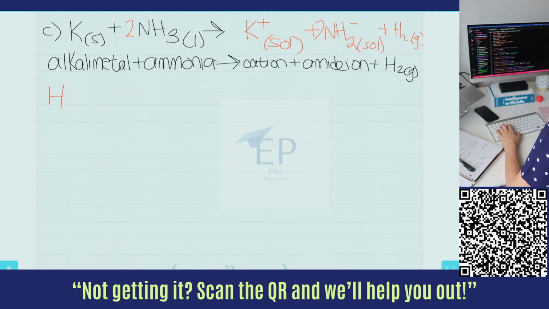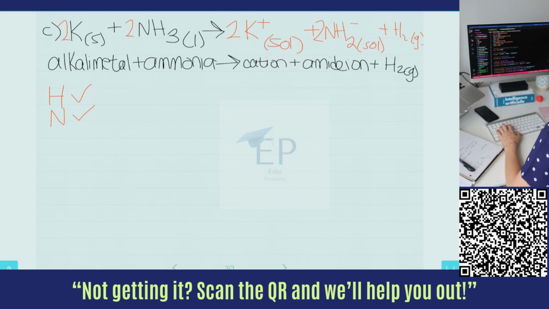We could do this by putting a 2 in front of the amide ion. This is going to balance not only our H's, giving us a total of 6 on both sides, but also our ammonia. In addition, we want to keep the number of electrons the same on both sides of the equation.